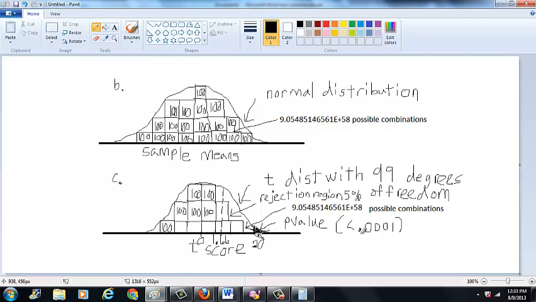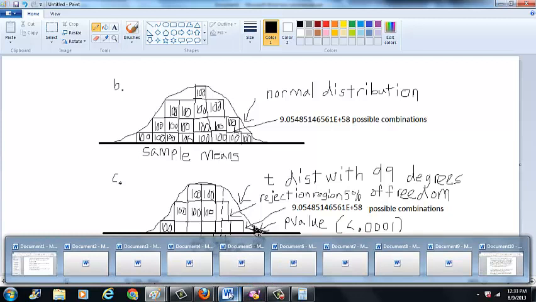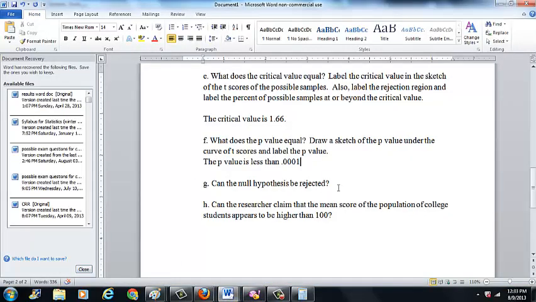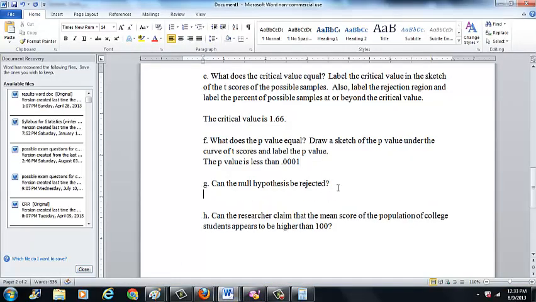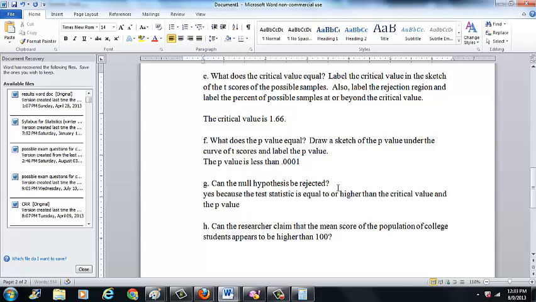And it is, because it's less than 0.0001, which is definitely less than 0.05. So you would say yes, because the test statistic is equal to or higher than the critical value, and the p-value is at 0.05 or lower.